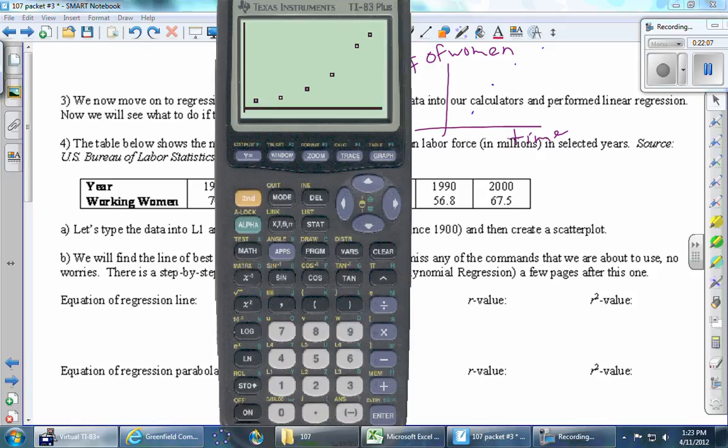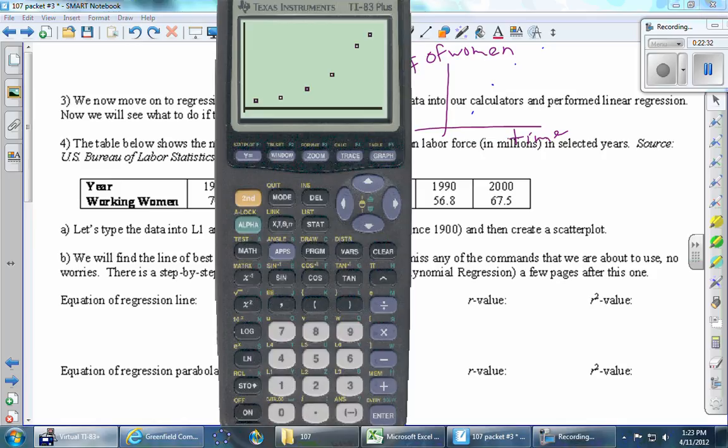Is there anybody who does not see those dots? Did we see the dots? So do Zoom and then number 9. You don't have to type it in, it'll just automatically hit enter. One thing you have to do is go up there, push up and hit enter to turn that on.